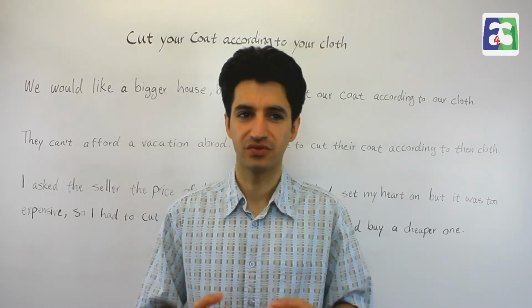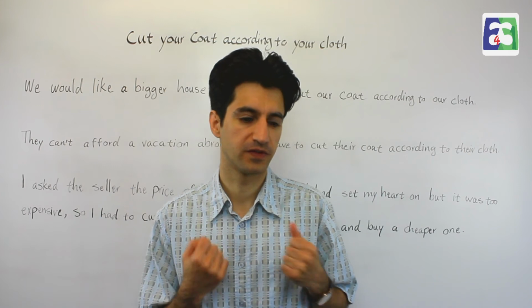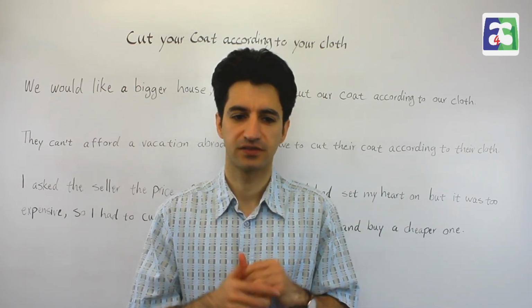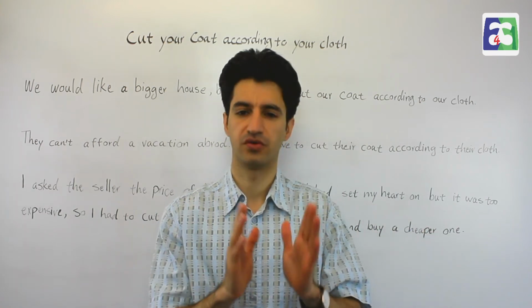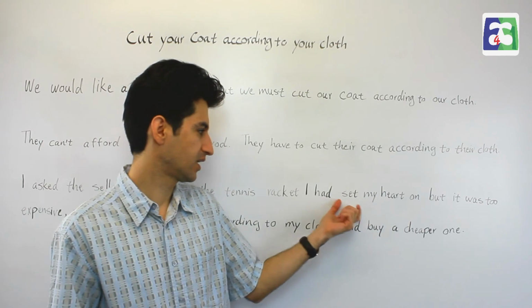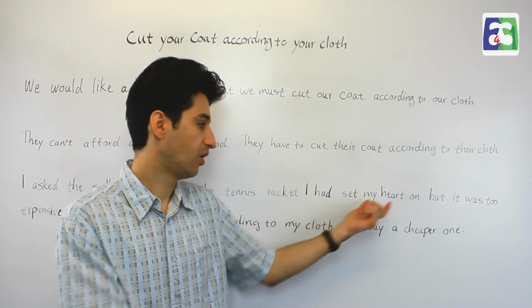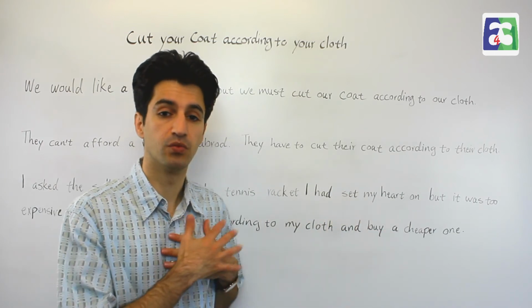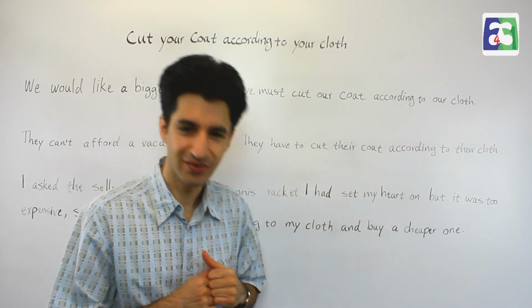So when you really want something that is really eye-catching to you, and you just can't think of other options, you're just looking at that one, you just want that one, then you say I set my heart on something, and it means I really want it from inside.